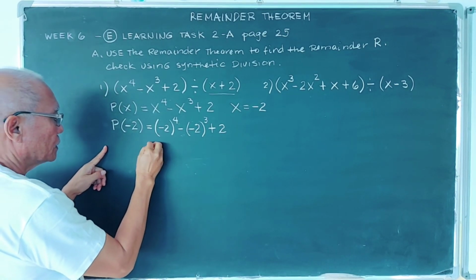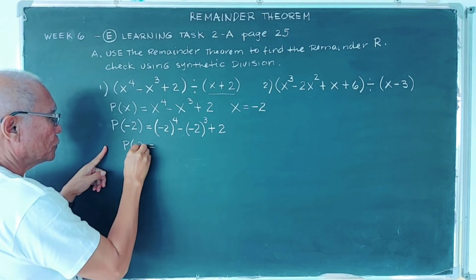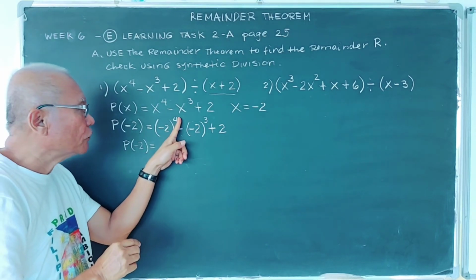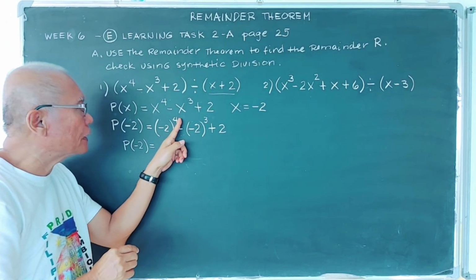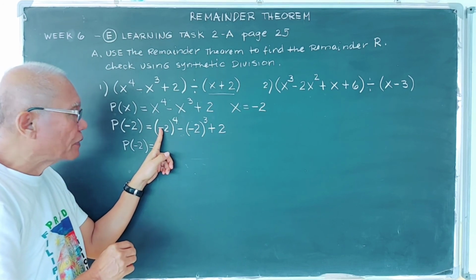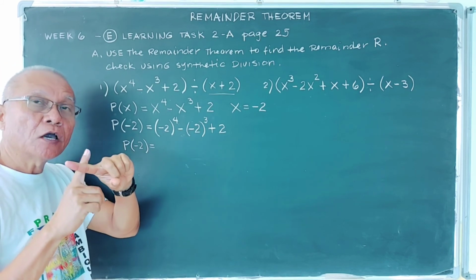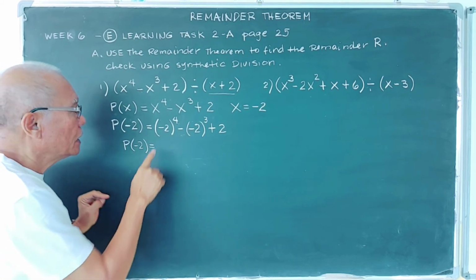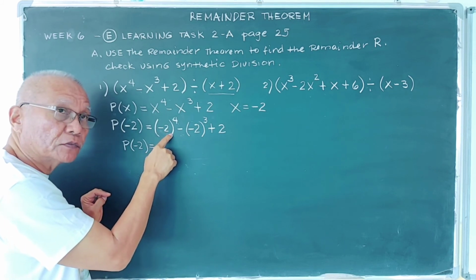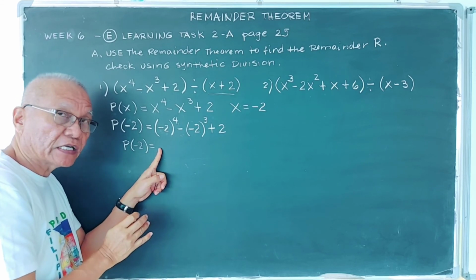Okay, so ito, P of negative 2. So, negative to the 4th. Negative to an even exponent. Kapag tinimes natin ng 4 na beses, itong negative, ang final sign niya ay positive. Okay? So, dito, pag negative 2 times negative 2 times negative 2 times negative 2, positive na siya. So, dito, positive ang sign.